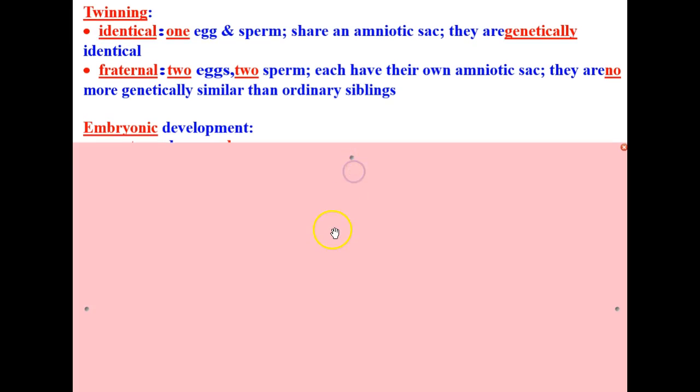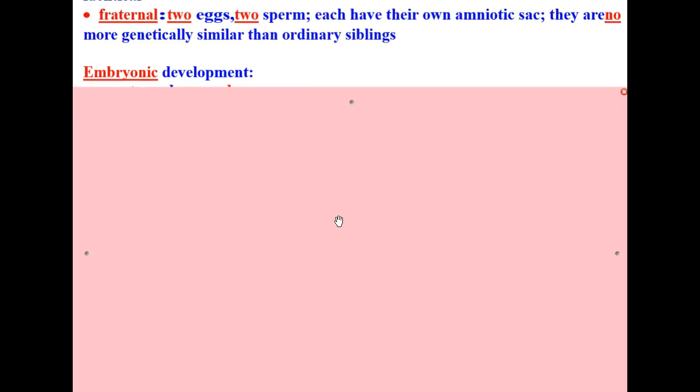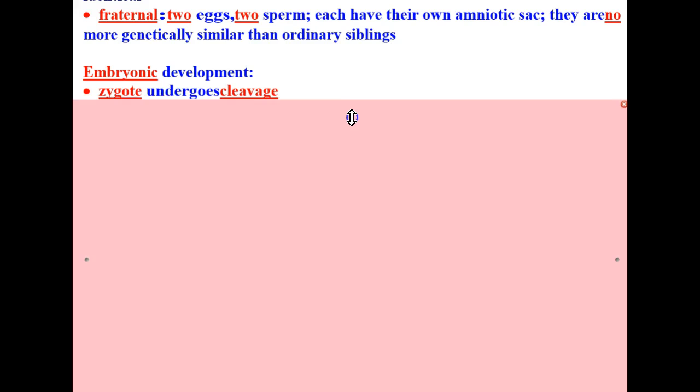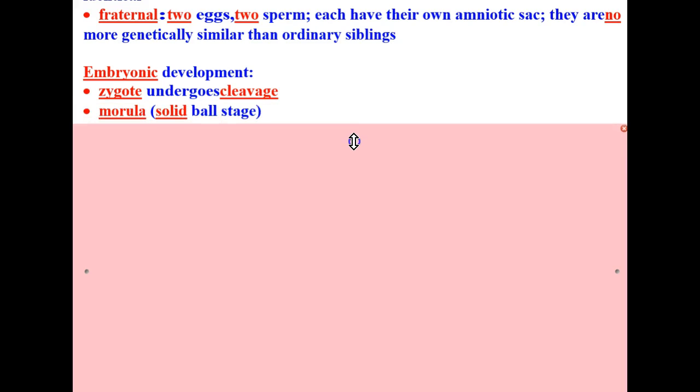Next, let's discuss embryonic development. The first stage, of course, is that after fertilization, the embryo becomes a zygote. The zygote undergoes what is called cleavage, and this is where the cells continue to divide. It forms a morula, which is a solid ball, so it's nicknamed the solid ball stage.